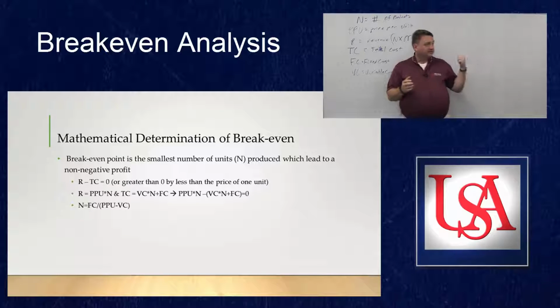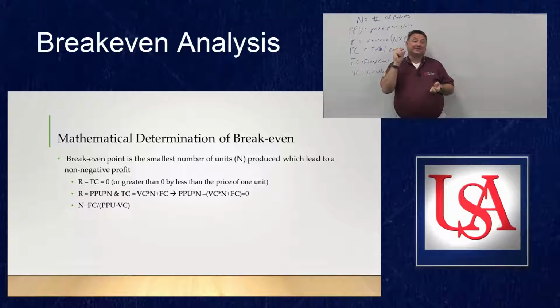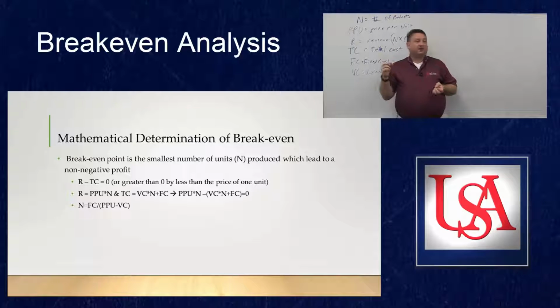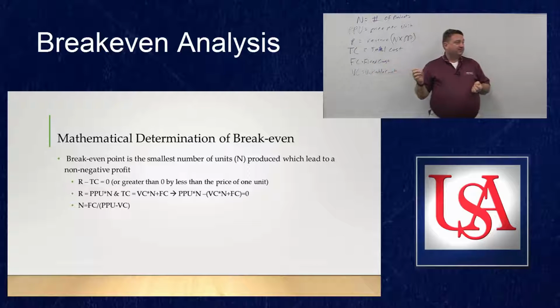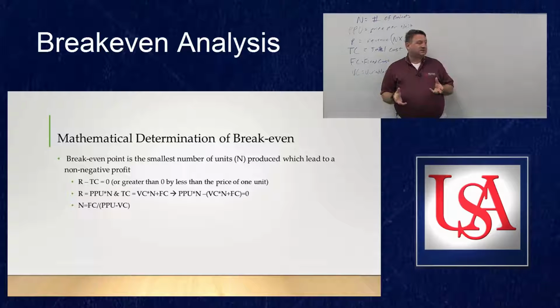Okay, so moving on. Mathematically, we've said that revenue minus total cost needs to equal 0, or just a little bit more, less than 1 unit price more, in order for that to be our break-even unit. So we know that revenue is price per unit times number of units, and we know that total cost is all of our fixed costs plus our variable cost times the number of units we made.